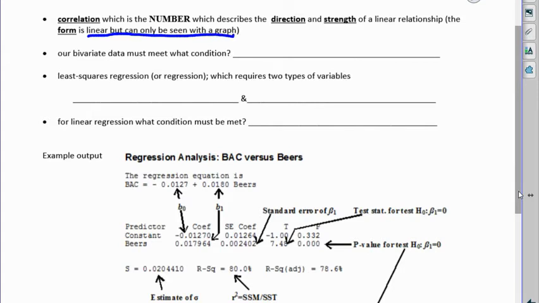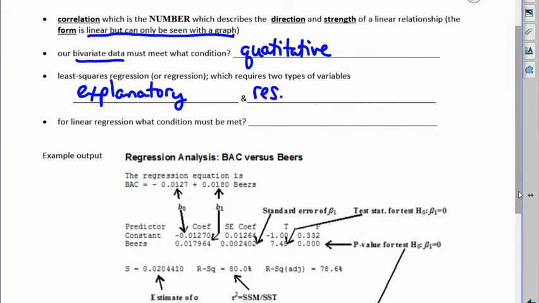In order to do linear regression, we must have bivariate data where both variables are quantitative. Least squares regression requires an explanatory and a response variable. It is not always clear which is which.